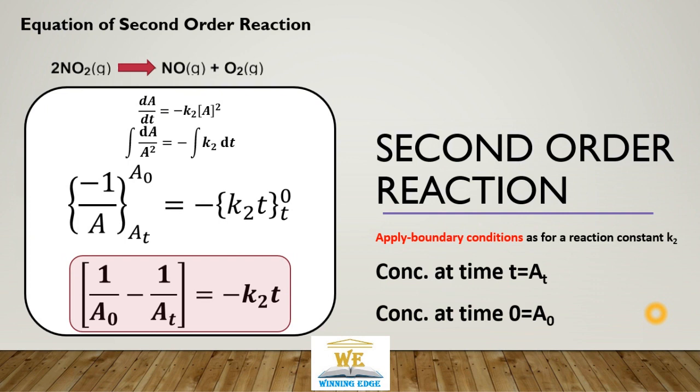Remember, there is a negative sign because the concentration of reactants is reducing, as we discussed earlier. So after rearranging it, our reaction rate expression will be 1 by At minus 1 by A0 is equal to K2 t. That is the expression.